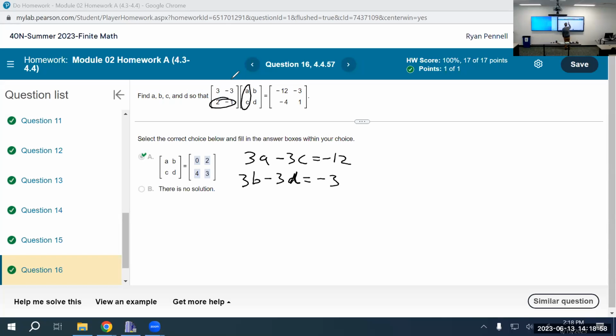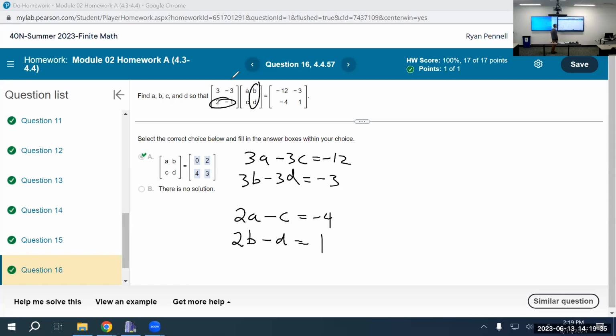Second row, first column, 2a minus c equals negative 4. Second row, second column, 2b minus d equals 1. So that's me multiplying it out.